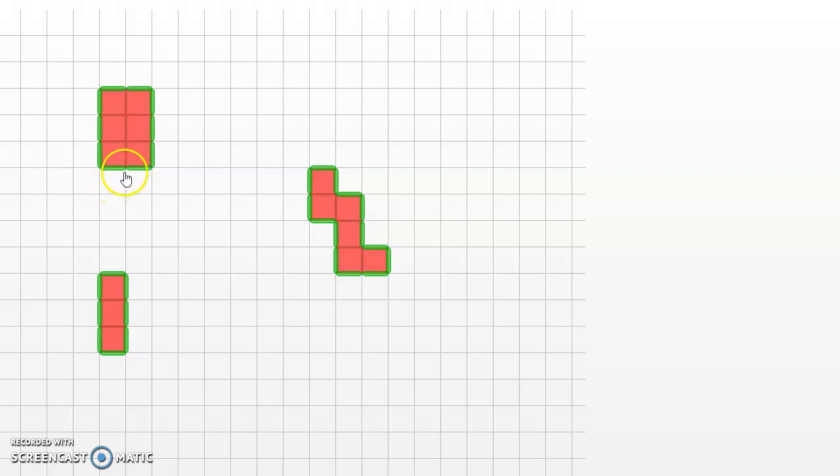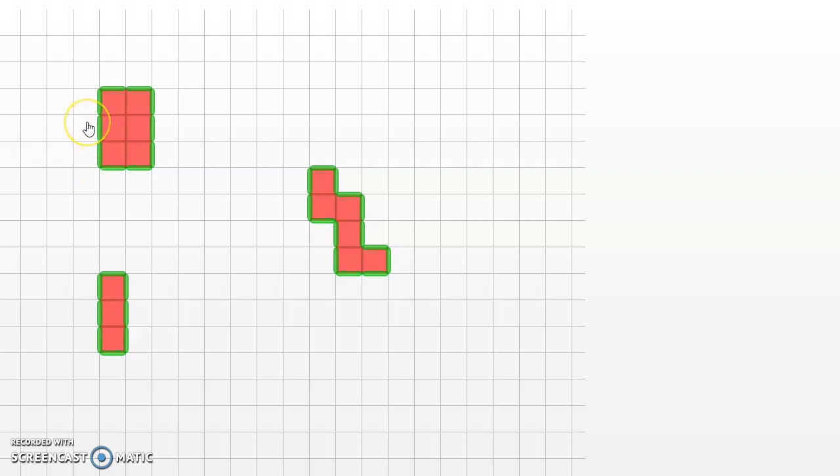Then on the outside, the little green things are the toothpicks. And if I count, there are 1, 2, 3, 4, 5, 6, 7, 8, 9, 10. There are 10 toothpicks. So the perimeter for this one would be 10 toothpicks. But in real life, you would measure in like feet. Okay, so it would be like 10 feet.